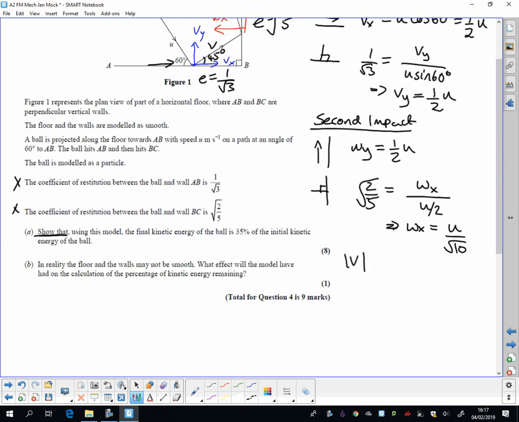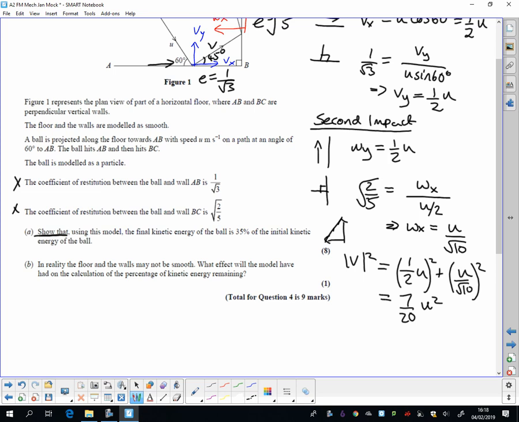As I've now got these two components and I want to work out its magnitude, we're using Pythagoras. So the magnitude of w squared is going to be a half u squared plus u over root 10 squared. If you work that out, you get 7 over 20 u squared.